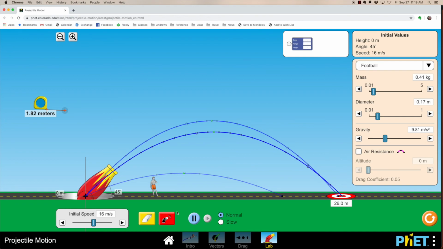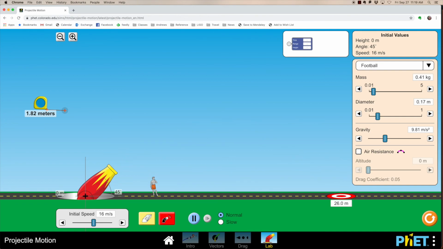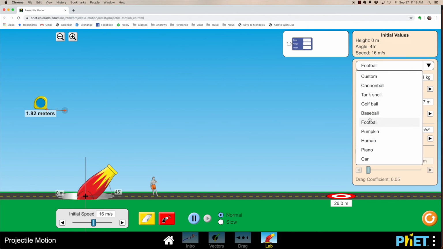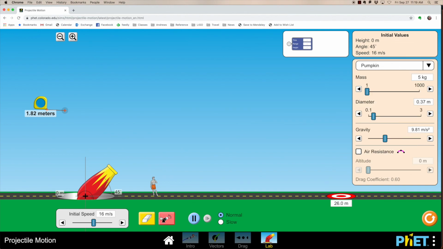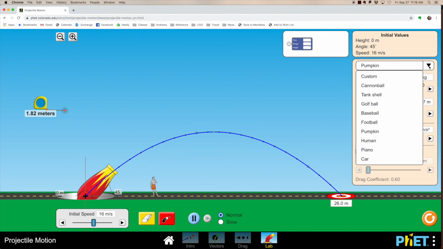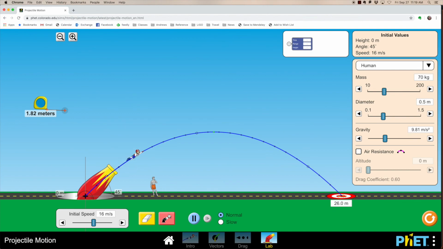But then there are some more whimsical things that can be shot, such as pumpkins and also humans and a piano.